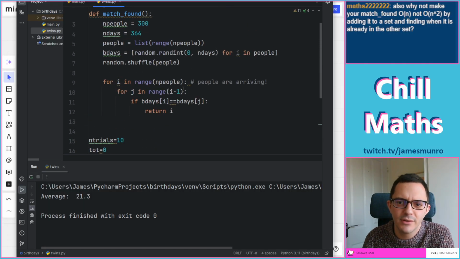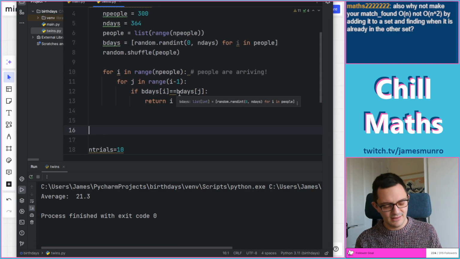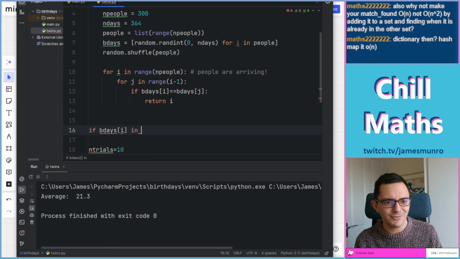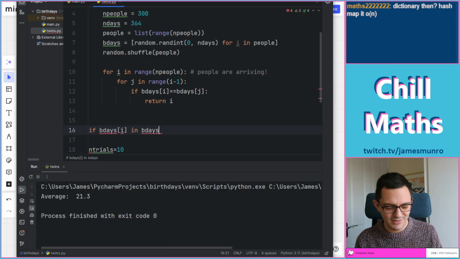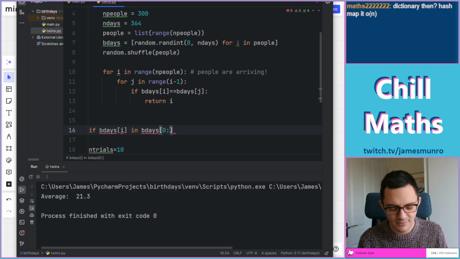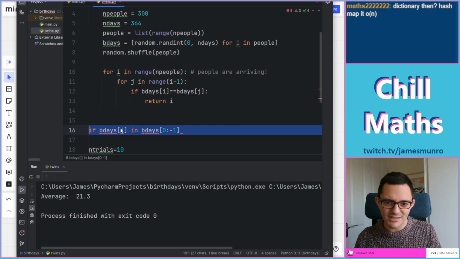So is this sort of... I don't know, but maybe there's a sentence that's something like if bdays are in, and then some sort of slice off this thing up to something like that, instead of the loop.